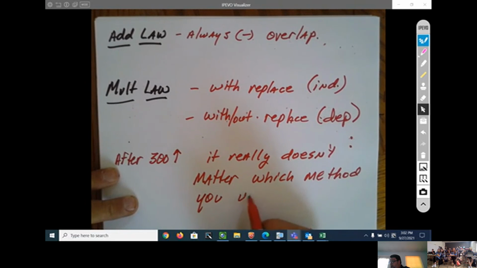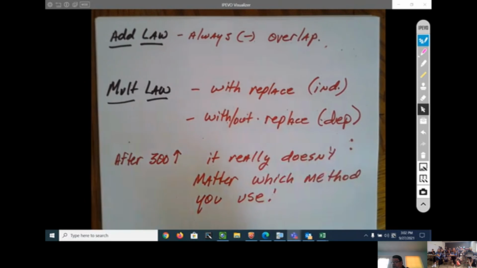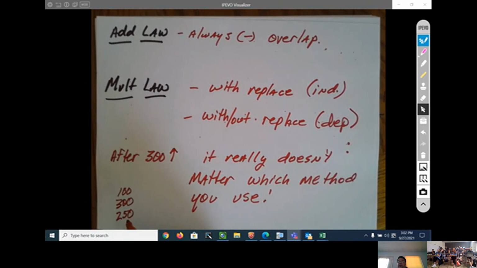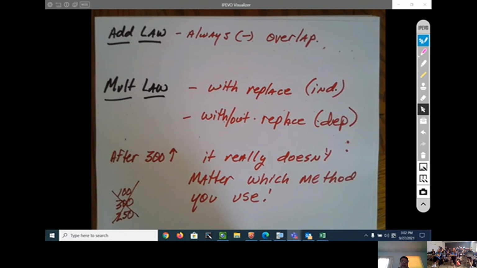Now, what if I have 100 golf balls, 300 golf balls, and 250 golf balls? Well, not all of them are above 300, so I would make sure I did it the way they said. I'm talking about when all the numbers are above 300.